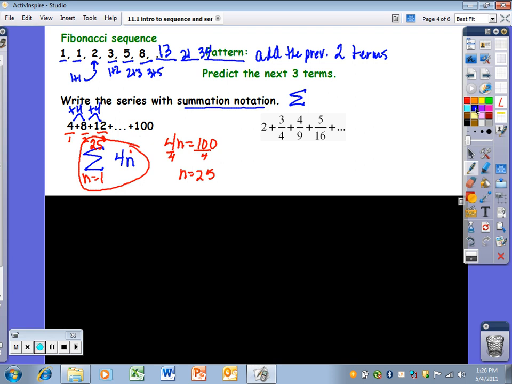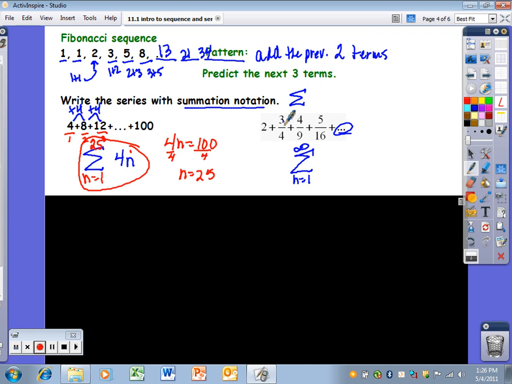Let's try the next one. My sigma from 1 to infinity. Now let's see if we can find the rule from term to term. From 2 to 3/4, we'll be subtracting 1 and 1/4. Does subtracting 1 and 1/4 get you 4 ninths?